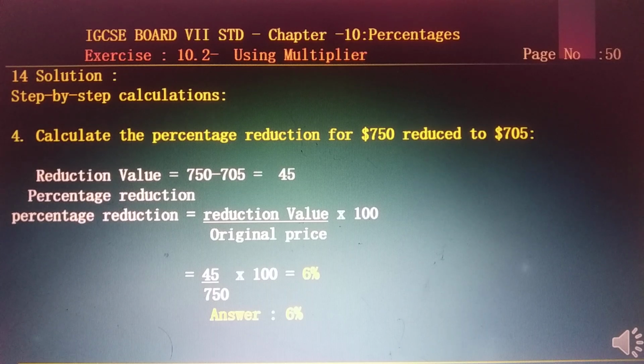The same way calculation of 4 also, we are getting 6%, because 750 reduced to $705, the 45 is the reduction value upon original value 750. Based on that calculation we are getting 6%.